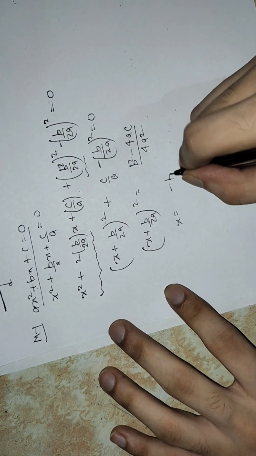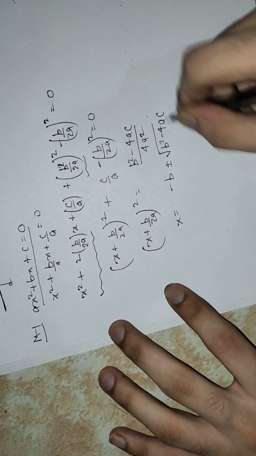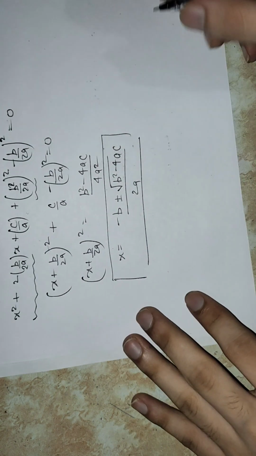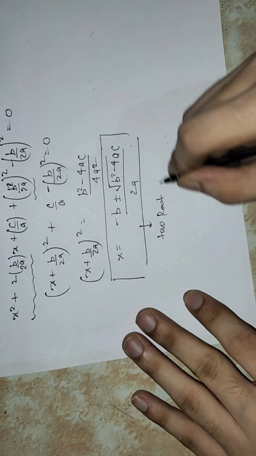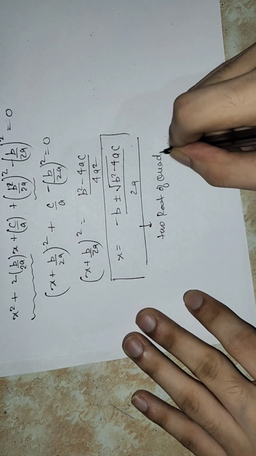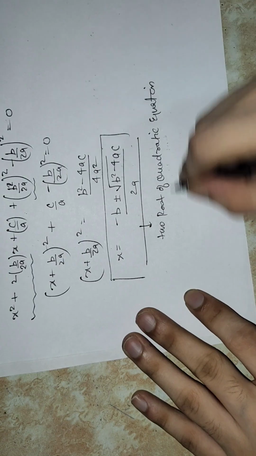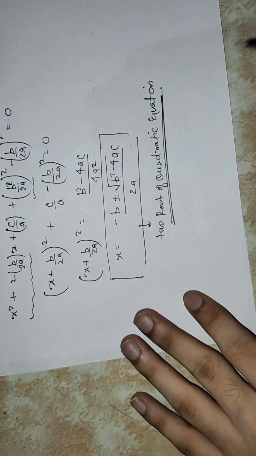So x is minus b plus minus root b square minus 4ac upon 2a. From here we can see that we get two roots of the quadratic equation, right? So a quadratic equation has exactly two roots.